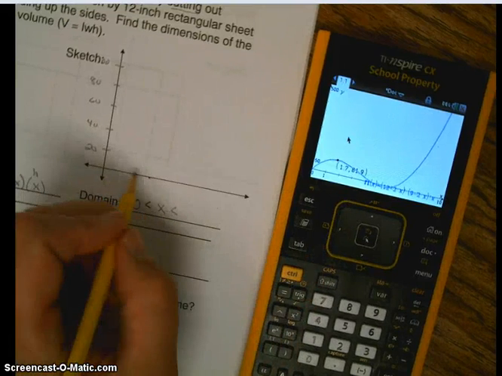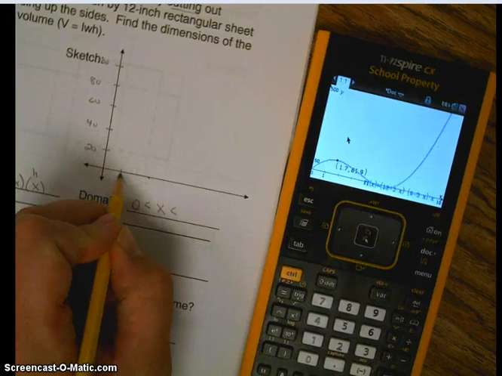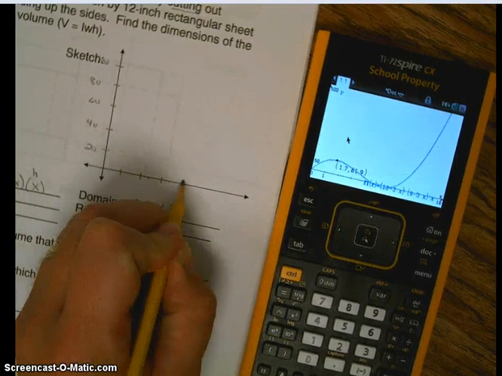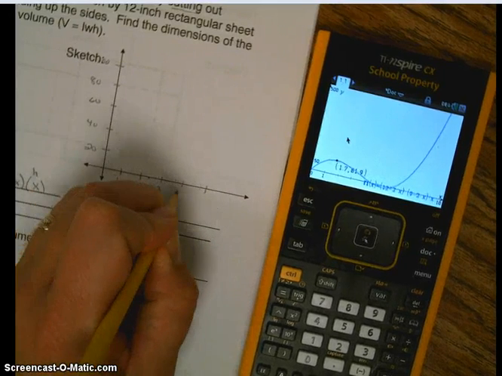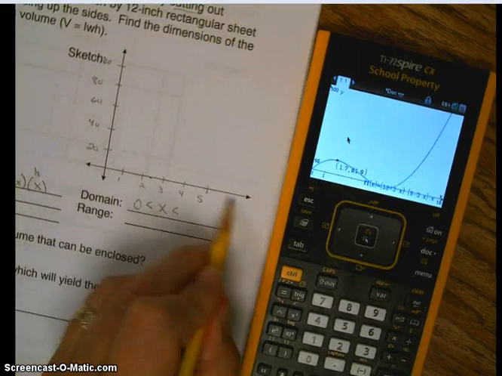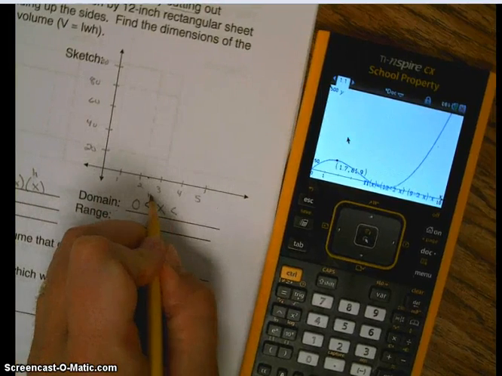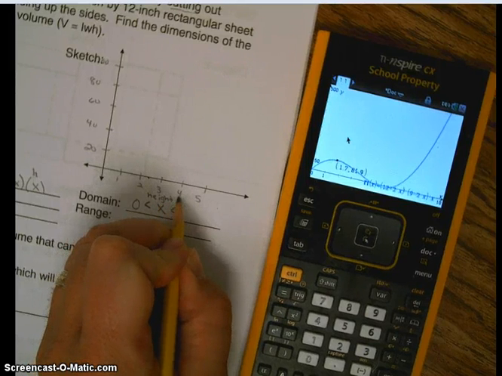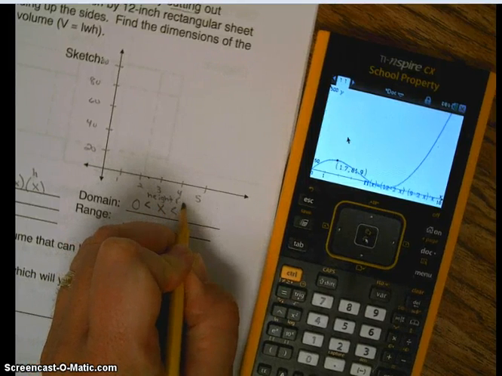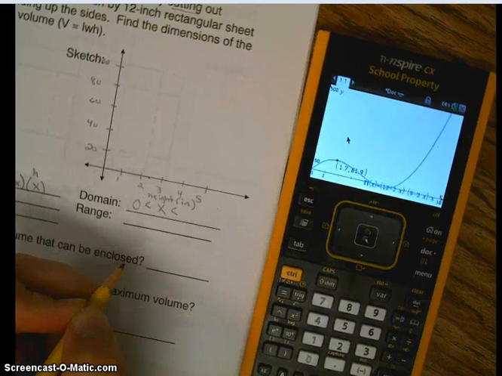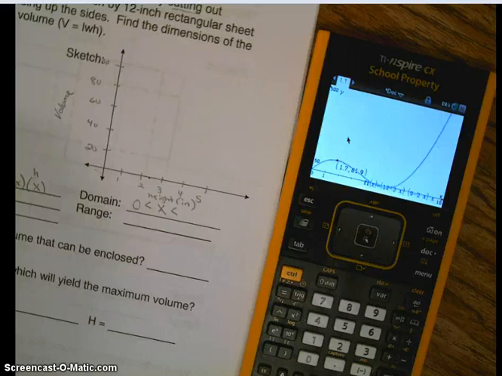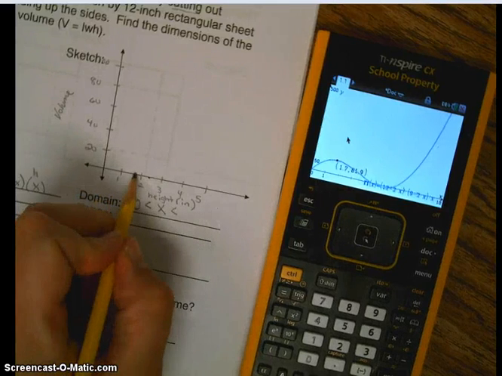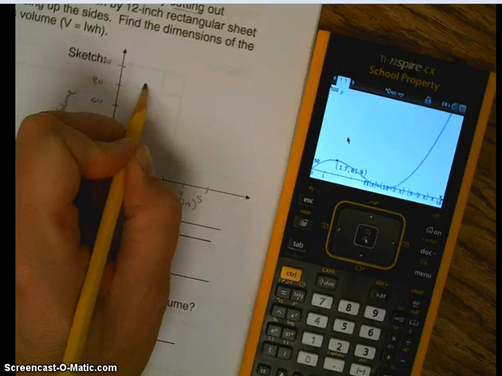So we could go to 5. And remember, we're on the x-axis here, so this here is going to represent our height, and it's in terms of inches. And this is going to represent our volume over here. So 1.7, 81. So about right here is going to be our maximum height.